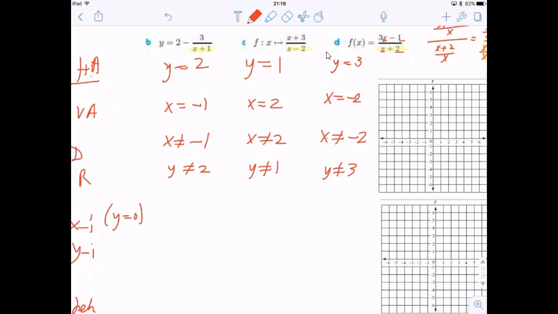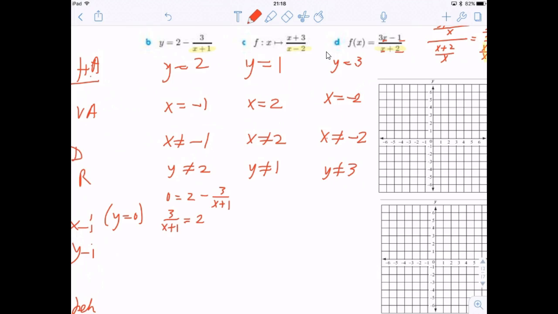Okay? All right. X-intercept. The way we calculate the x-intercept, we take y and we set it equal to 0. So that means we're going to have 0 equals 2 minus 3 over x plus 1. How do we solve for this? Well, we just use algebra, and we're going to subtract 3 over x plus 1 to the other side. We're going to get 3 over x plus 1 equals 2.